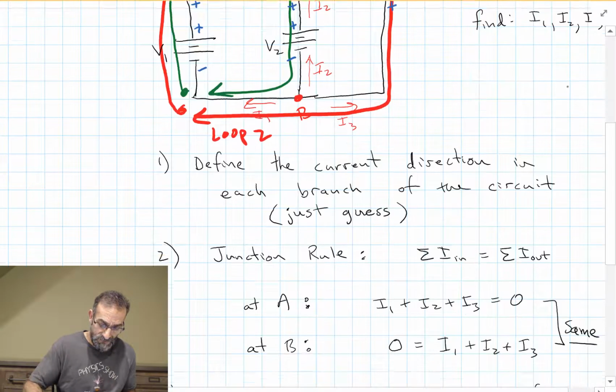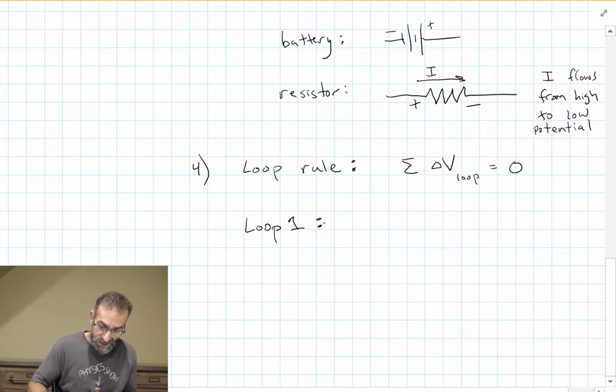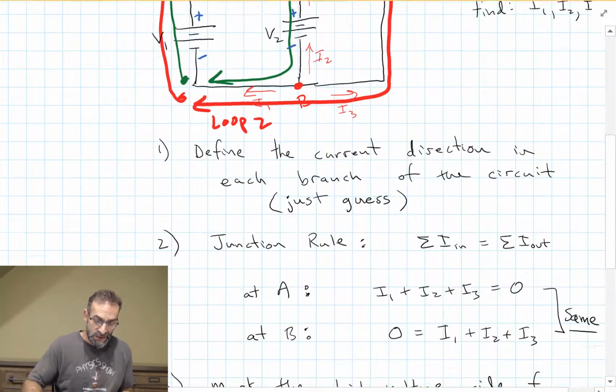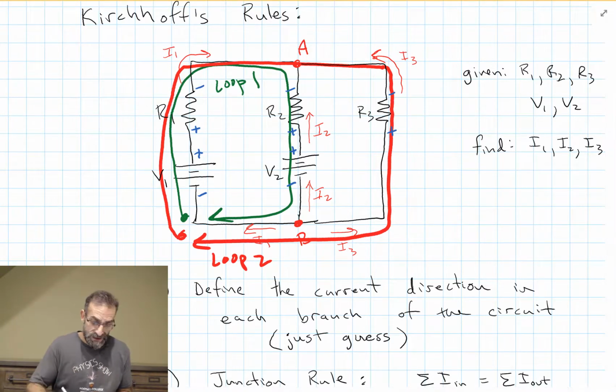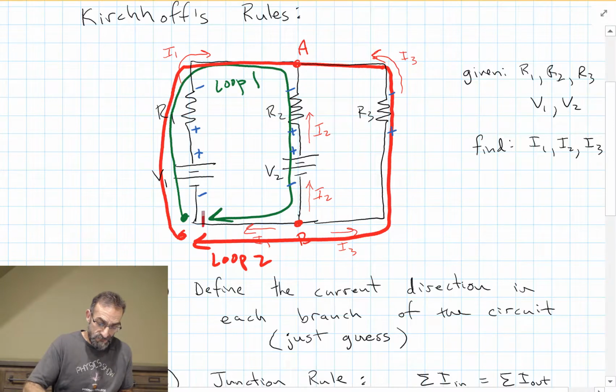Loop 1 is that green path, and I'm going to start in the lower left corner and go around the loop in that direction, clockwise. I'm going this way, right?